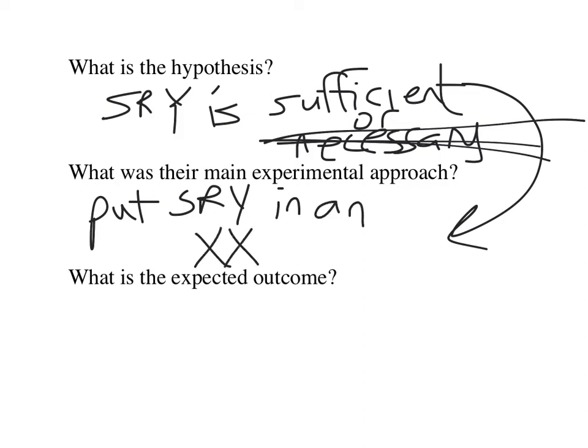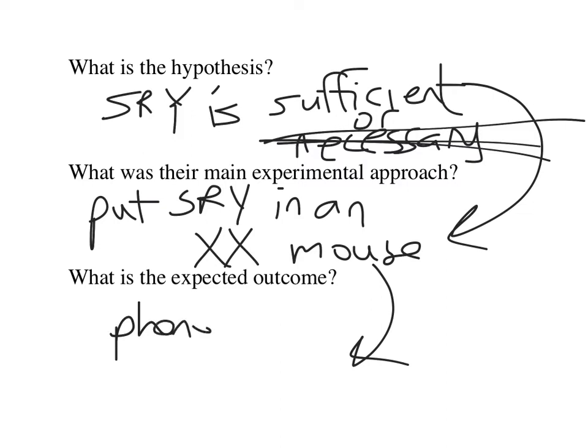Yeah, put SRY in an XX mouse. Then they expect that XX organism to become a male, or to develop into a phenotypic male. That was the goal. That was what they did.